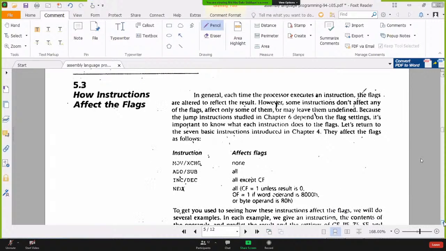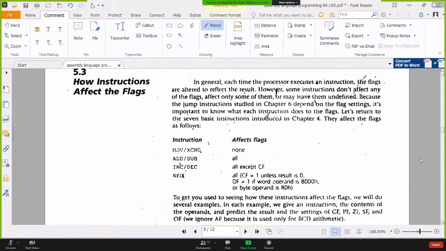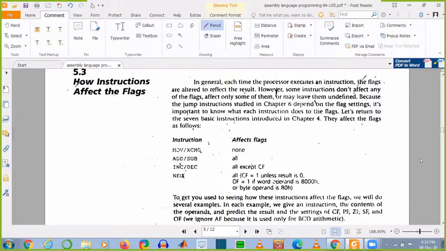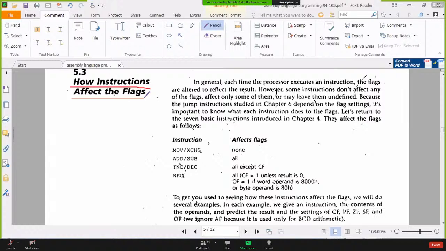So today we are going to talk about how instructions affect the flags. This is the topic for today. We already studied seven assembly instructions in chapter 4.